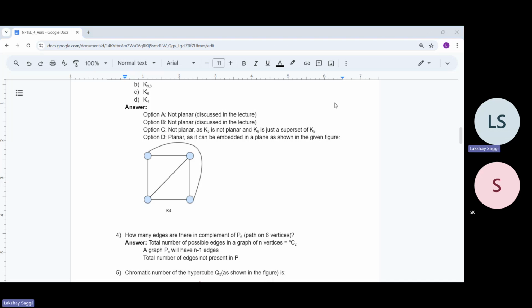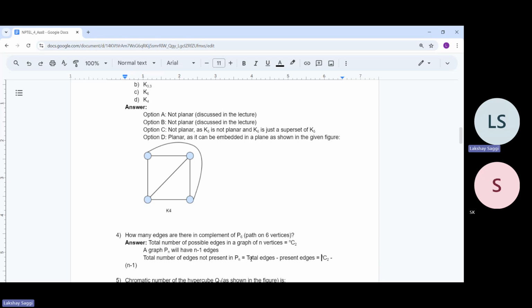So how many? Okay, sorry for this. There are a total possible number of n choose 2 edges, but Pn only has n minus 1 edges. So how many edges do we not have in this Pn? It is just the difference of these two terms, right? I hope it's clear. If it is not, you can ask me in chat. So this will be the total number of edges possible minus the n minus 1 edges which are present. Maybe I should just write it like total edges minus present edges, something like this.